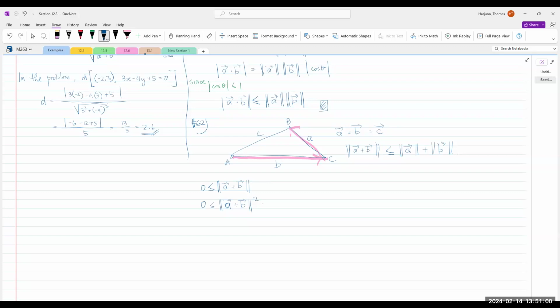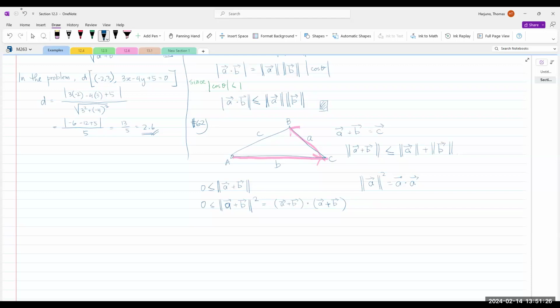But at the same time, we know from one of the properties we learned before that the square of the magnitude equals the dot product of that vector with itself. The one we saw was the magnitude of vector A squared equals vector A dot vector A. That's what we have before, right?